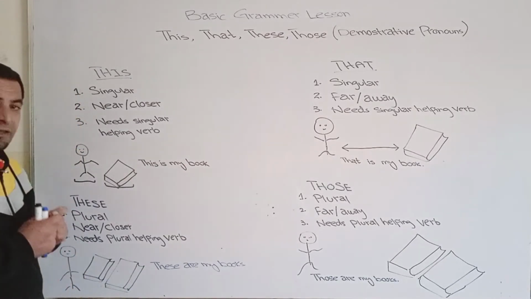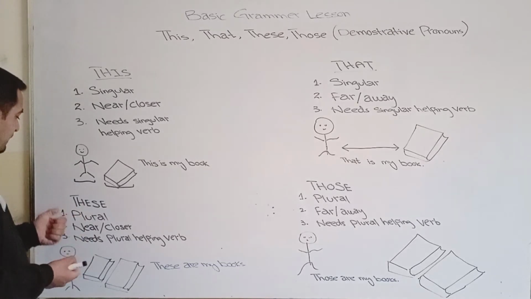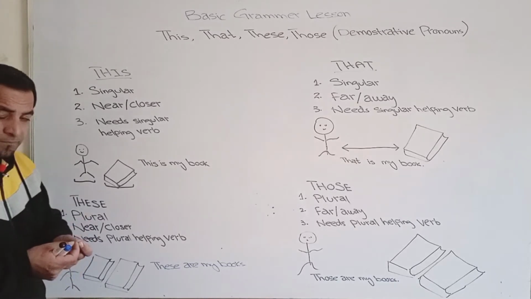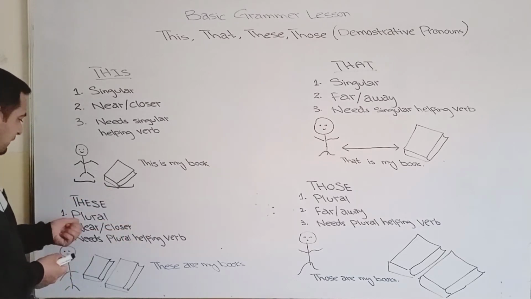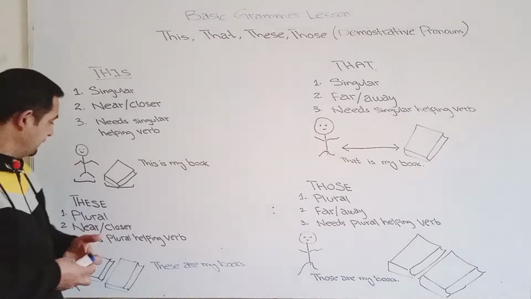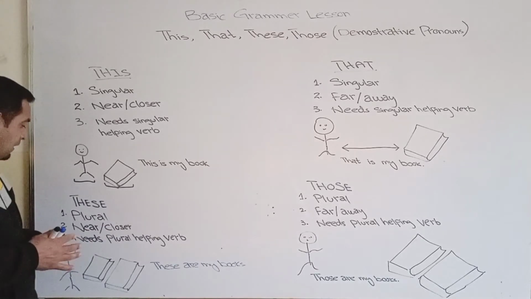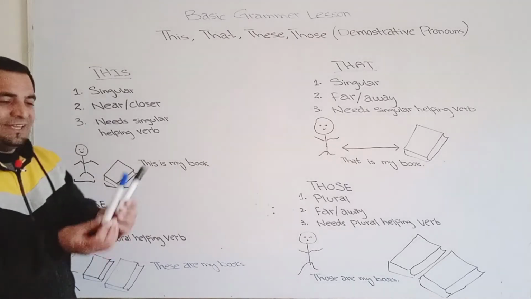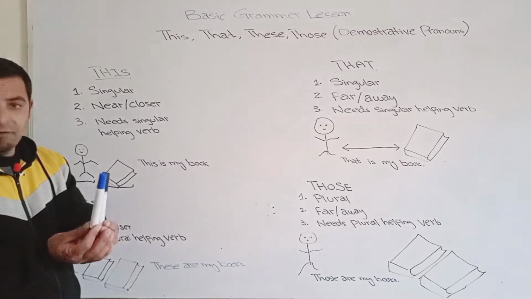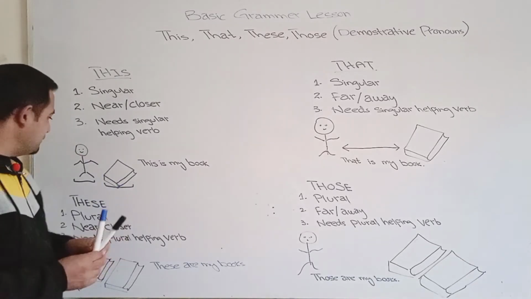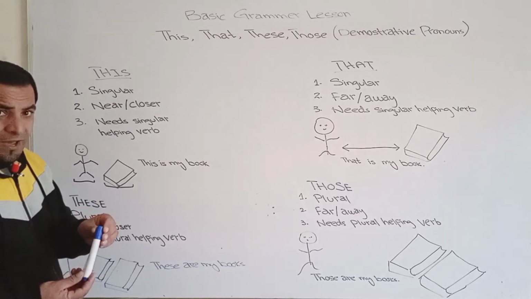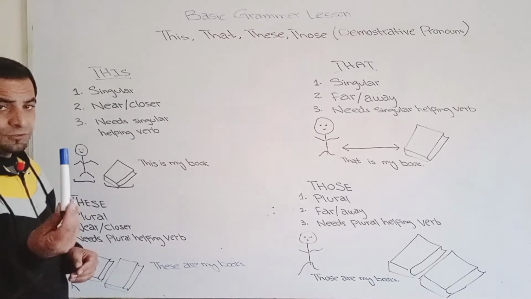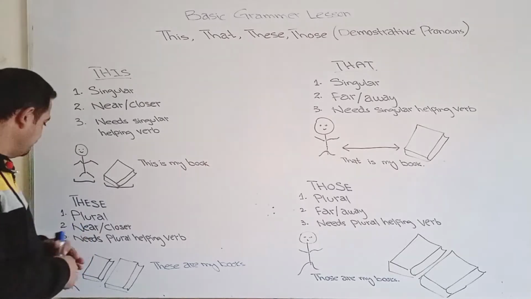These is a demonstrative pronoun we use to refer to things, objects, or people when they are in the plural form. All right? For example, now I can say these are markers, right? So it means that you use these when you refer to plural objects, right?